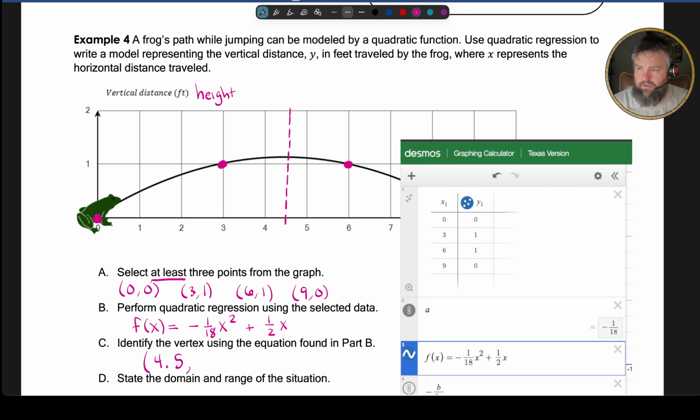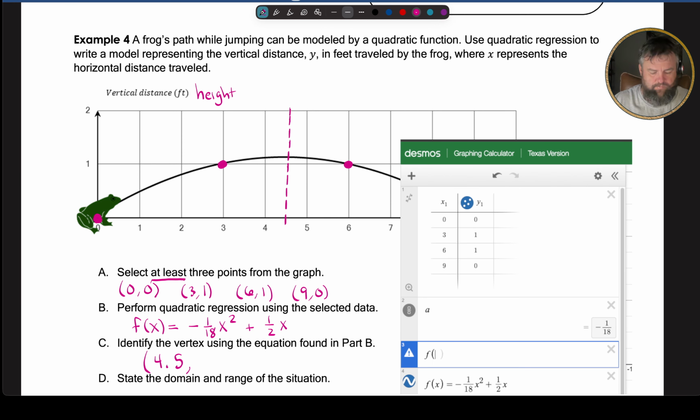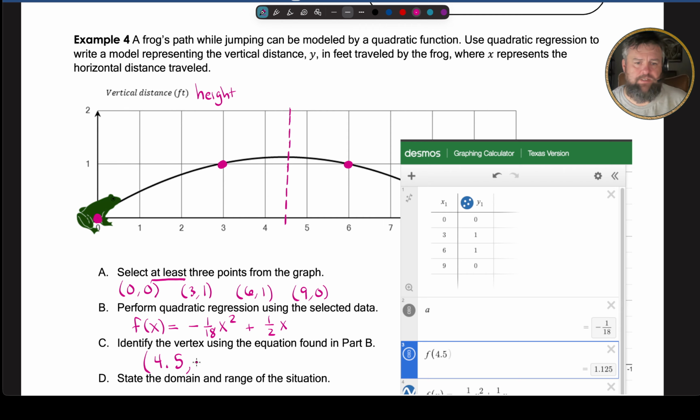And then we're going to call the function by passing in 4.5. You'll see that the height of your frog is going to reach 1.125. And that would make sense in this case here. So 1.125.